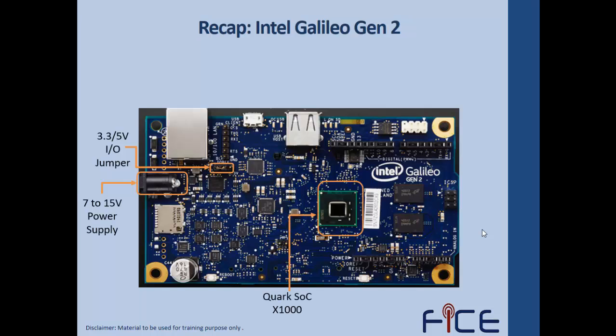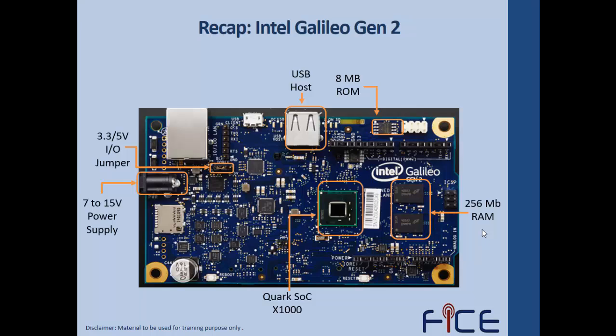Next, we have a Quark SoC X1000 processor. This is a 32-bit processor and is part of a family of low power processors. This processor is ideally used when low power and size take priority over high performance. Next, we have an onboard RAM of 256 MB and also a ROM of 8 MB.